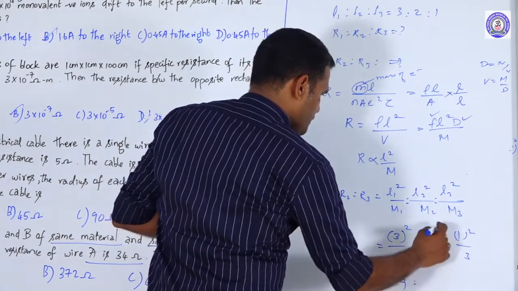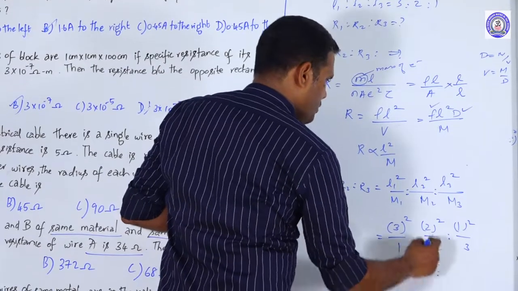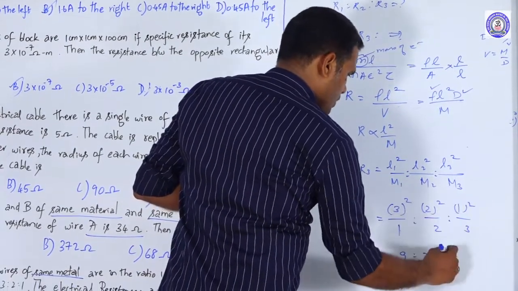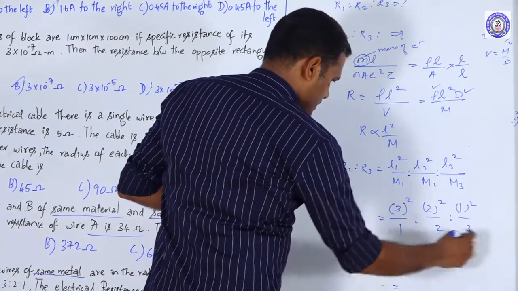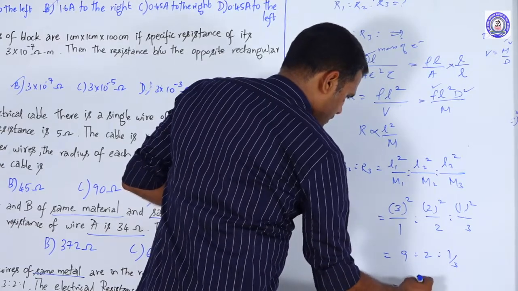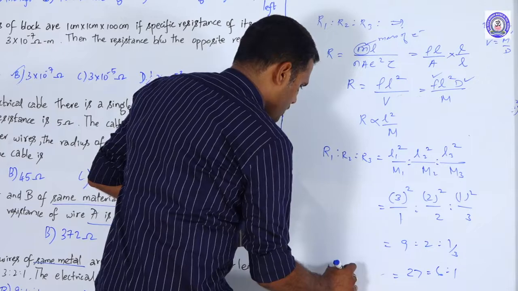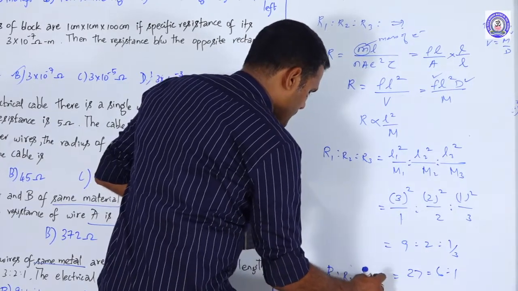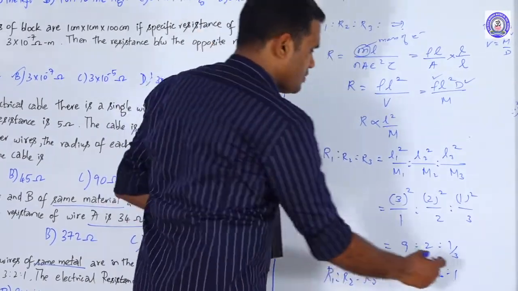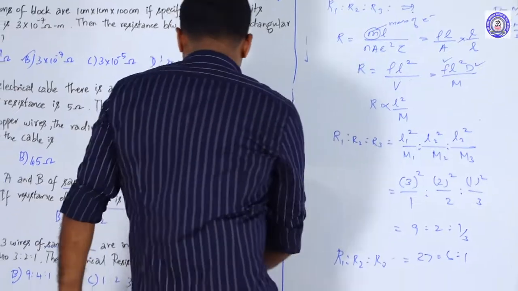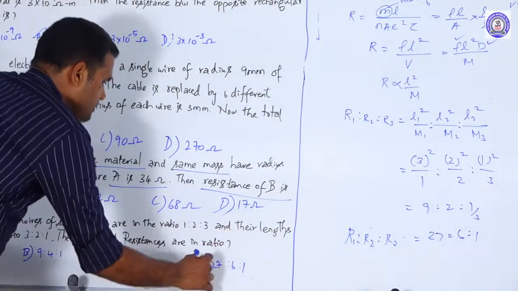So 9, 2 square 4 divided by 2 is 2, 1 square is 1, 1 divided by 3. Cancelling this, you will have 27:6:1. This is the ratio of resistances, 27:6:1. So D option.